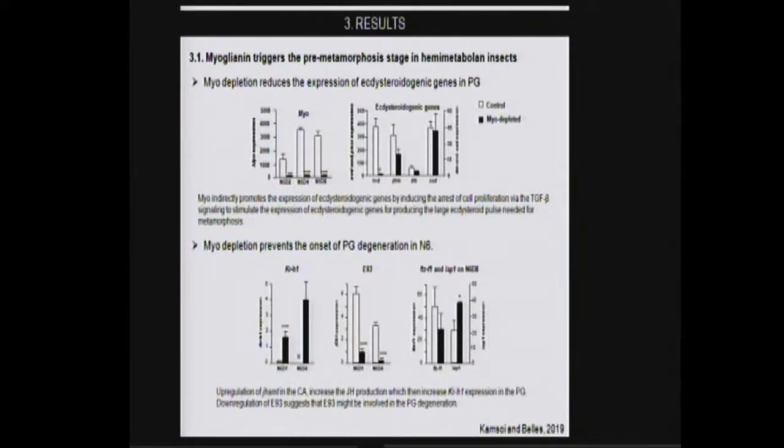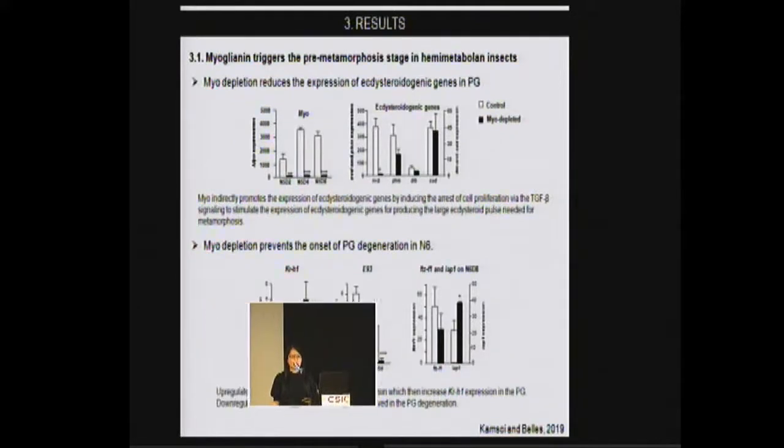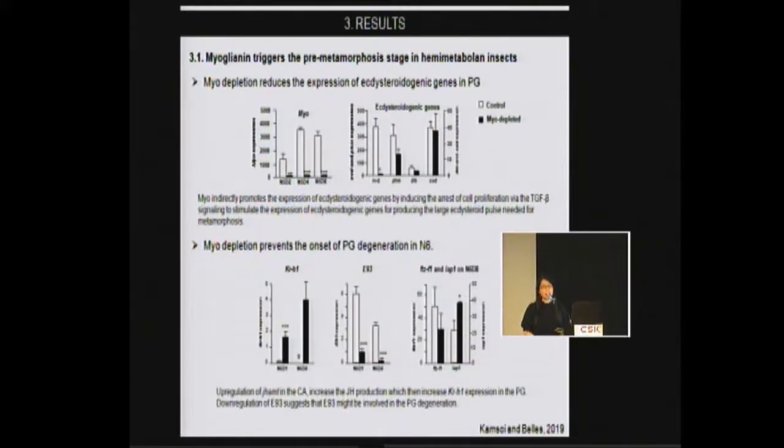Then we measured the expression of the genes in the ecdysteroidogenic pathway, the genes that produce ecdysone, and we found a decrease in the expression of those genes, like Neverland, Phantom, and Disembodied, in myoclonine-depleted animals.